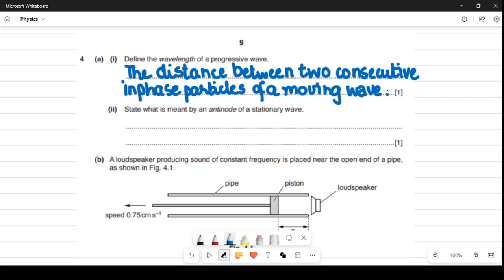Right, so what is the wavelength of a progressive wave? The distance between two consecutive in-phase particles of a moving wave. Next part. State what is meant by an antinode of a stationary wave.